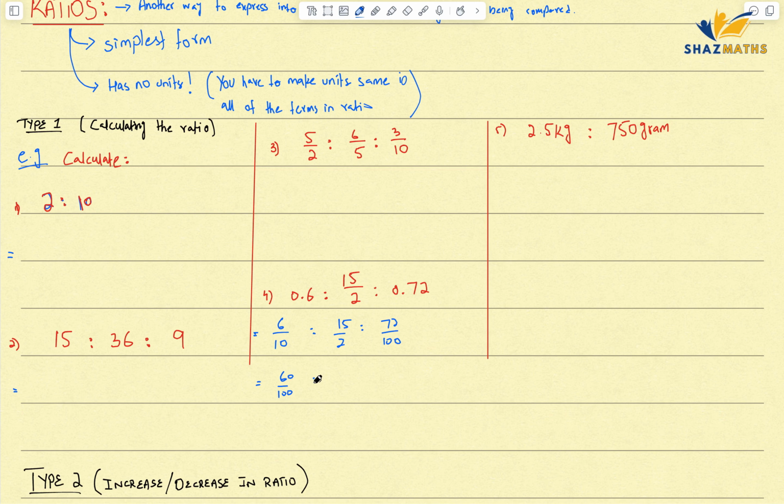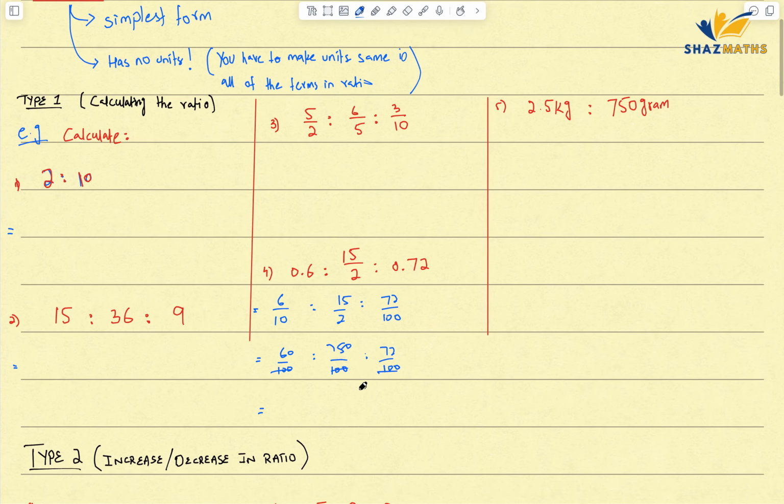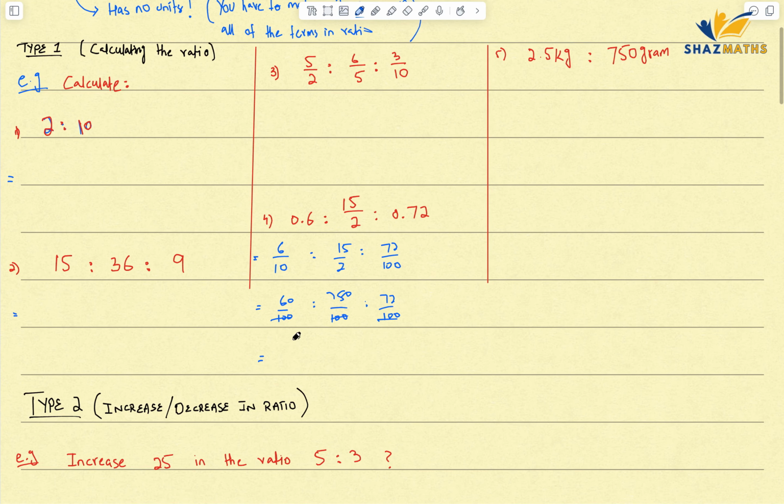I'll times it by 50, so 750/100, and then this is already 100, so 72/100. Now once the denominator is the same, I'll cancel out the denominator and simplify the above expressions. So 60 ratio 750 ratio 72. Let's cancel all these by 3.